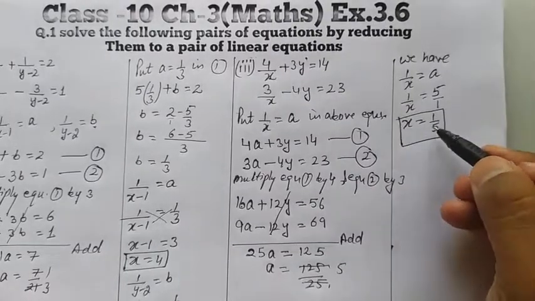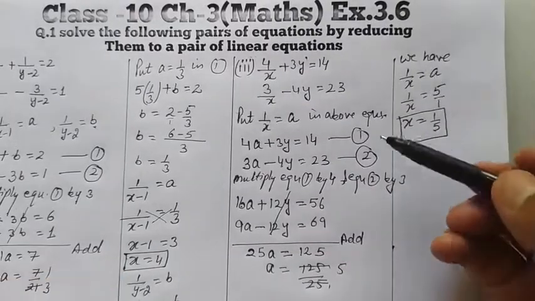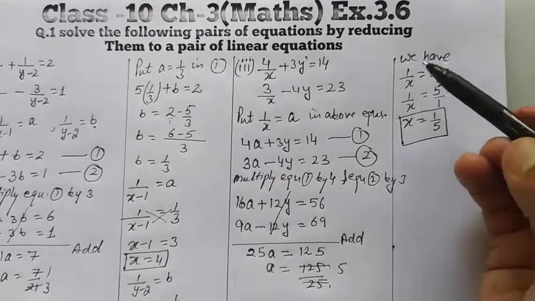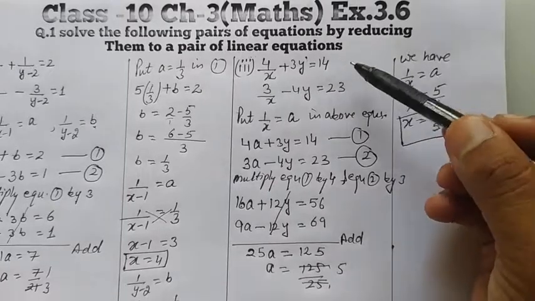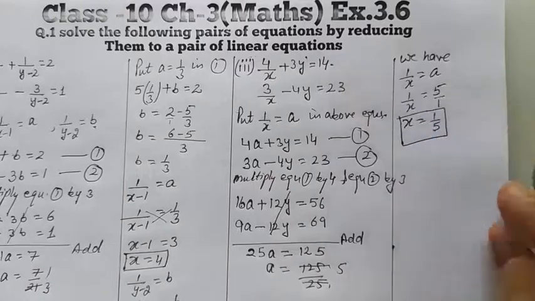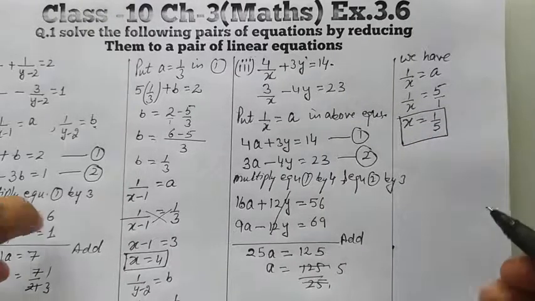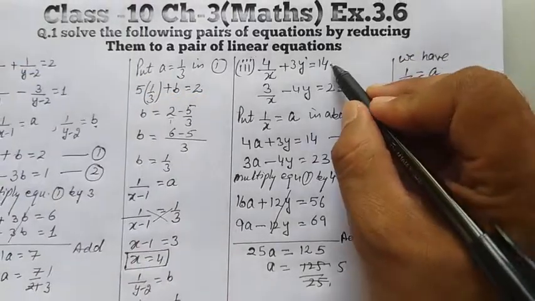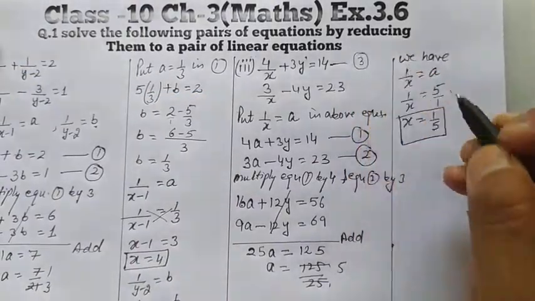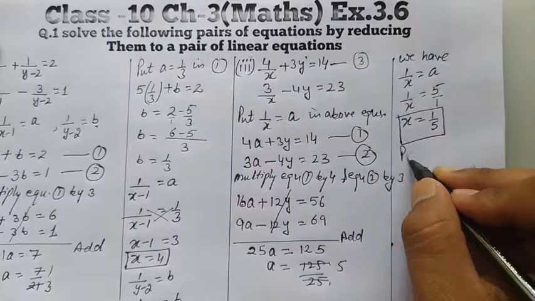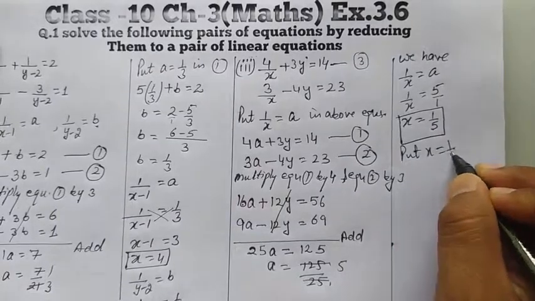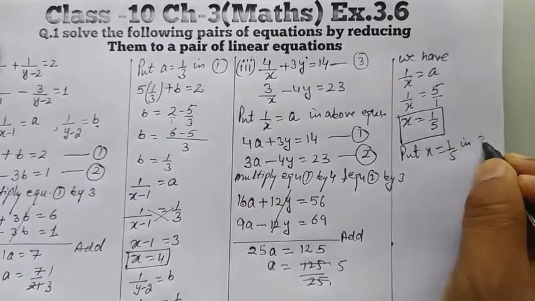Now this value of x we can fill in any of the equations, and we get the value of y also. So let's fill in this equation. From the given equation, here we have not given any name to this equation, so you can give the name here also, number 3. So we'll put x is equal to 1 by 5 in equation 3.